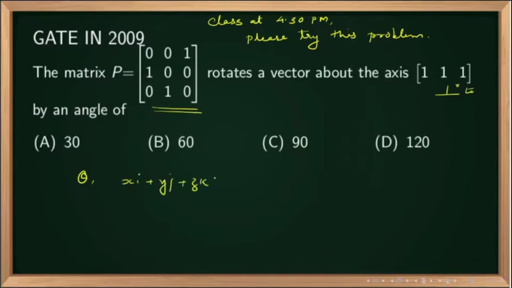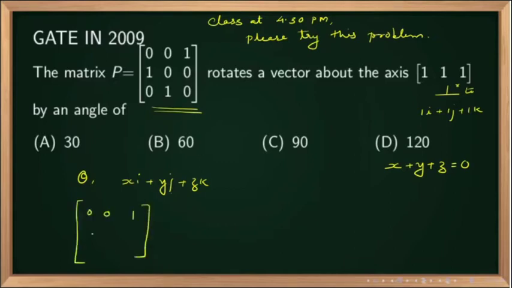If this vector is perpendicular to this vector, they are orthogonal, hence the dot product will be 0. So this is 1 i vector plus 1 j vector plus 1 k vector. If I take the dot product of these two vectors, my result will be x into 1 plus y into 1 plus z into 1 equal to 0, because the dot product has to be 0. Now if I operate that particular vector with this matrix, what will be the result?